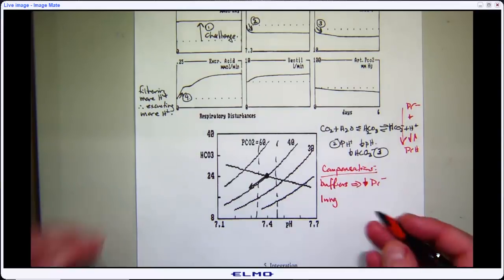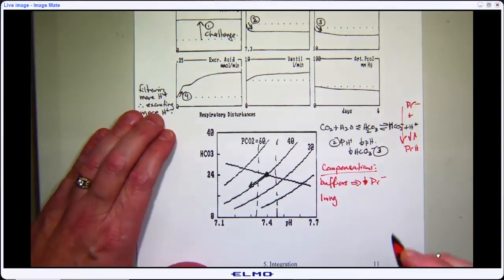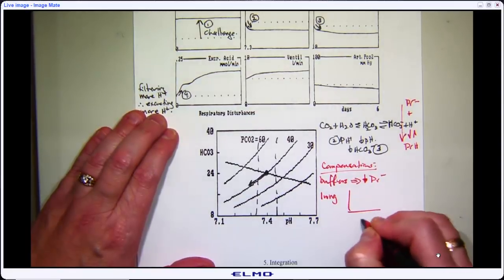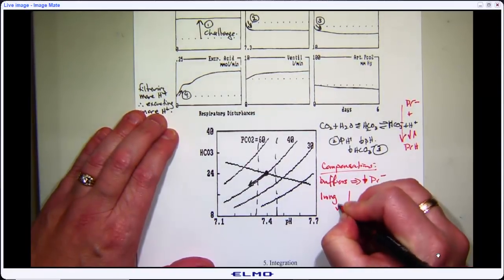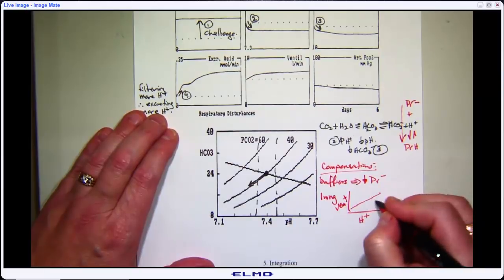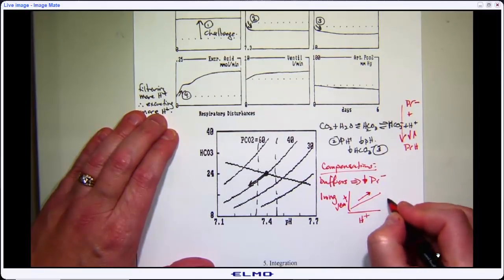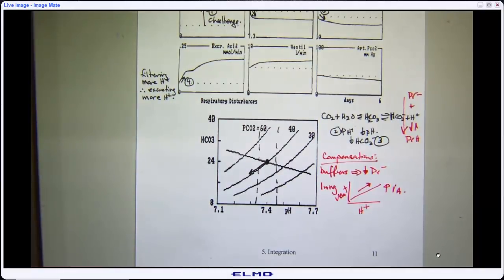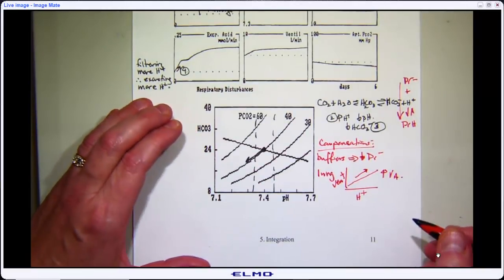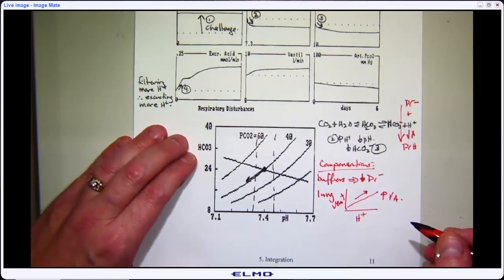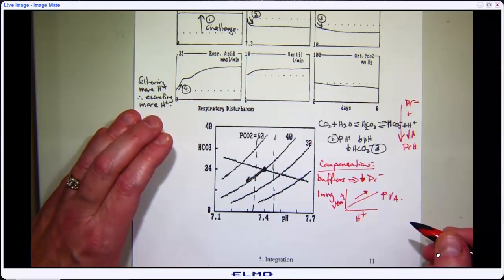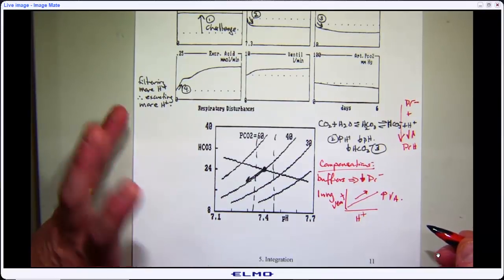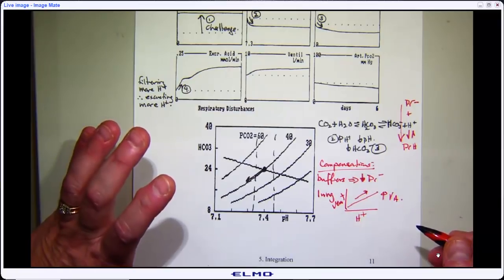Increase ventilation, so how'd you get there? Chemoreceptor. Perfect. Okay, so why did we do that? How's that going to help us with a hydrogen ion problem?